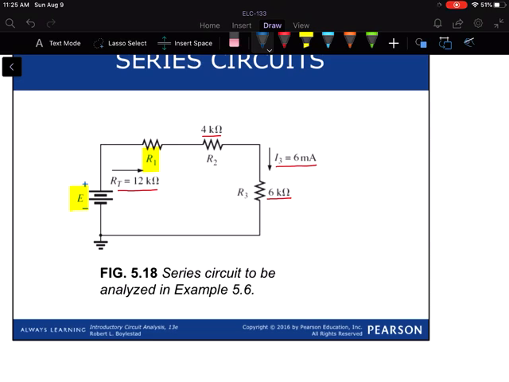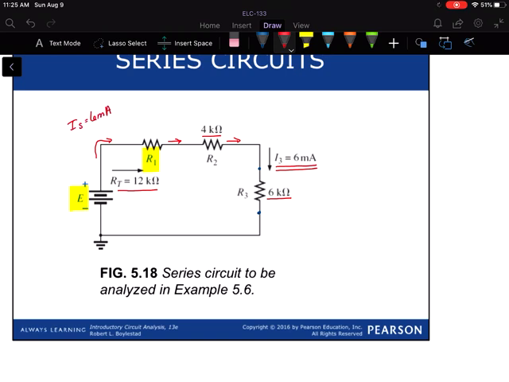One is to notice that we have the current through R3 and we know R3. So that can actually give us the voltage drop across R3. However, we also need to recognize that I3 is not only the current through R3, it's actually the current through R2, through R1, and it's the current that came from the source. So I sub S is 6 milliamps.